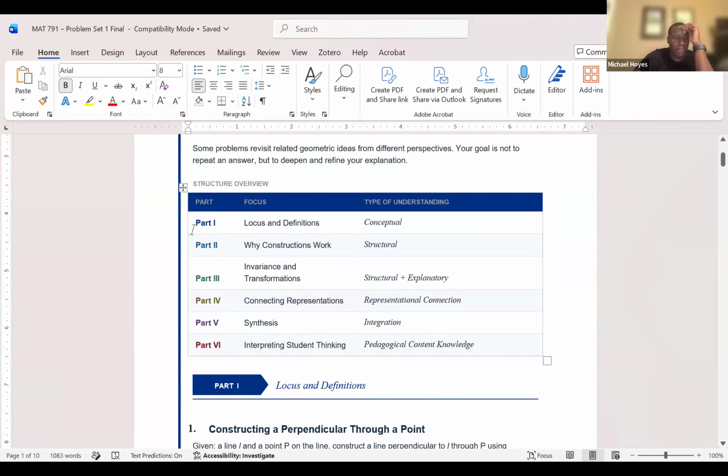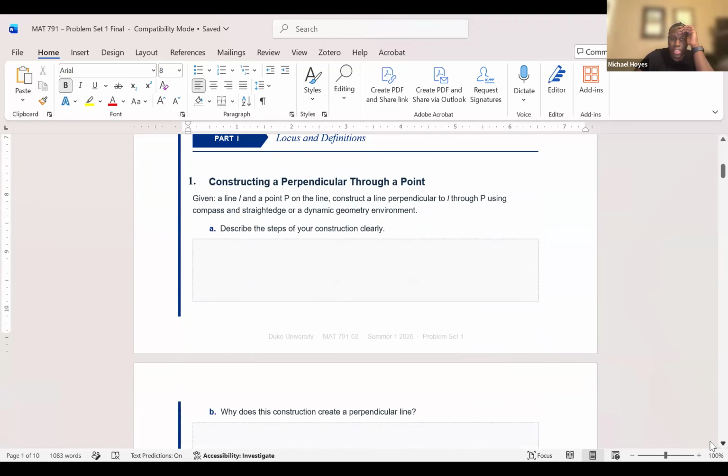There are these foci for what you're going to be working with, whether it's locus and definitions, why constructions work, invariants, and all this good stuff. So it explains the structure of that. The first one is constructing a perpendicular through a point. We didn't do this specifically, but it builds off of what we've already done. I recommend you think about how you can construct a perpendicular through a point.